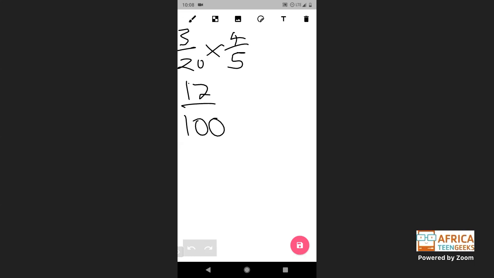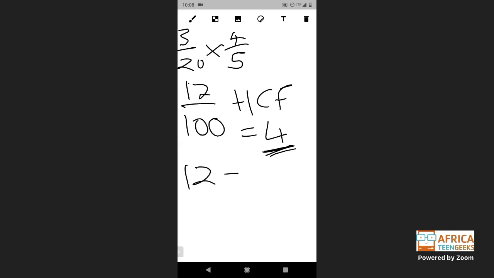Okay, so our highest common factor for 12 and 100 is 4, right? So what we need to do now is say 12 divided by 4, and then 100 divided by 4.